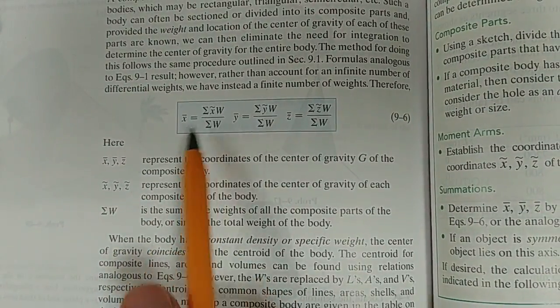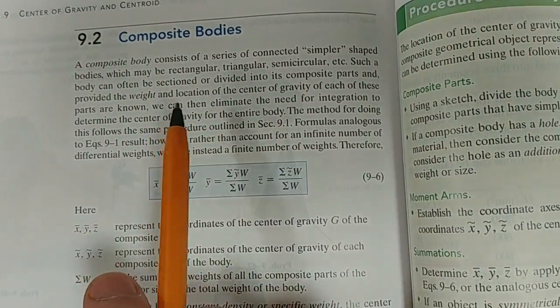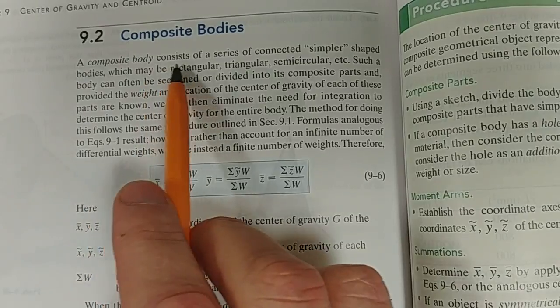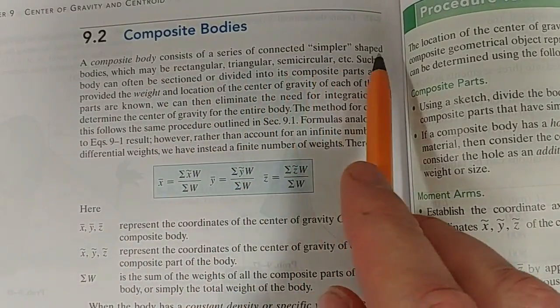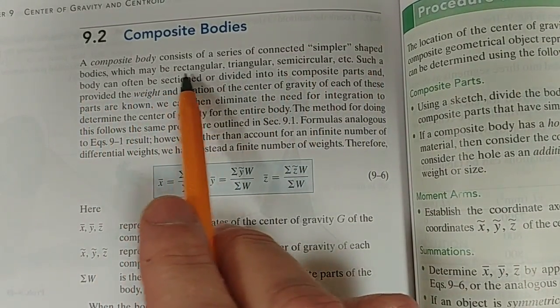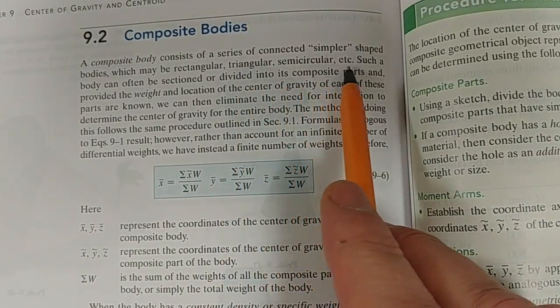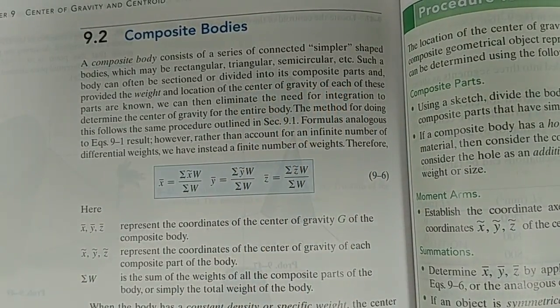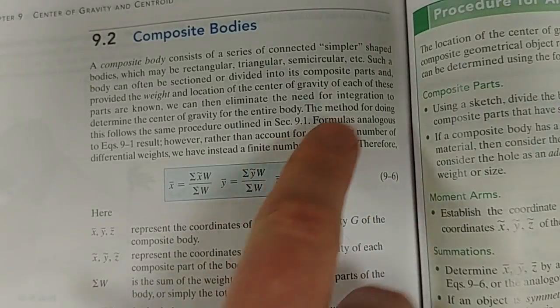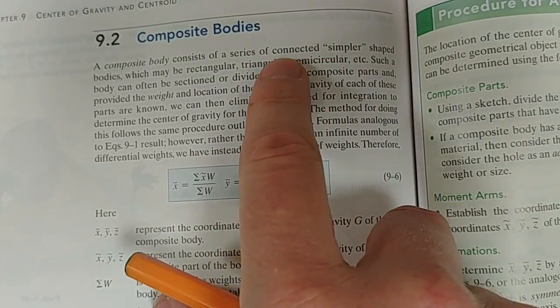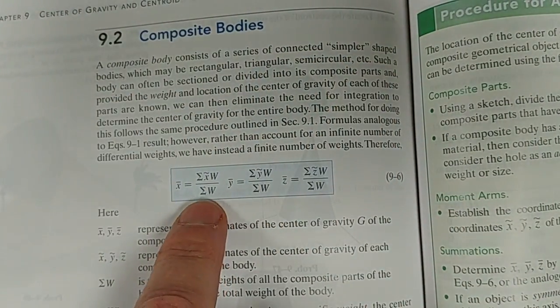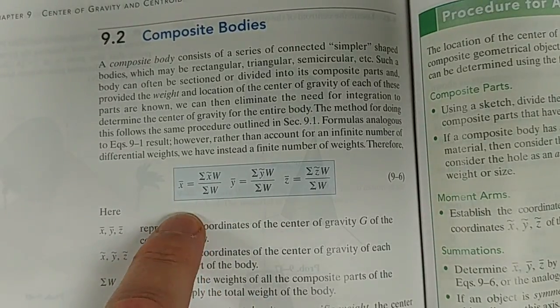But here, for example, a composite body, it says here, consists of a series of connected, simpler shaped bodies, which may be rectangular, triangular, semicircular, etc. Because we're working with connected, simpler shaped bodies, we use this equation here. You see there's no integral.